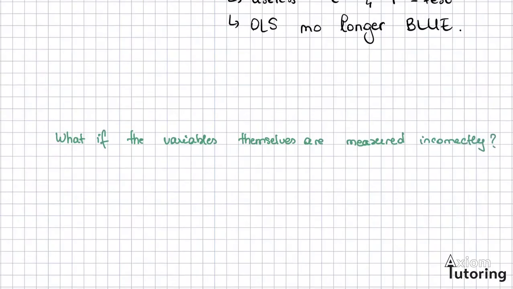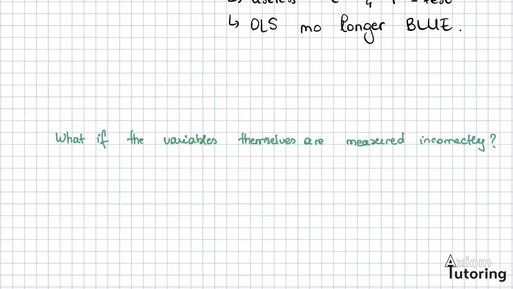This is called measurement error, and it turns out the consequences depend critically on where the error occurs. But what do we mean exactly by measurement error? In econometrics, we usually assume our data is accurately collected and it accurately represents the variable we're interested in. In practice, that's often not true.